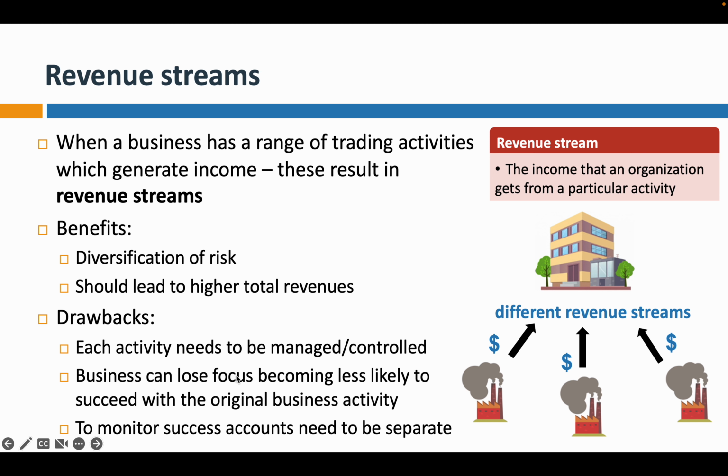Losing focus means it's maybe less likely to succeed in the original business activity, less likely to head in the direction of its mission and vision, and the direction of the company might get lost.